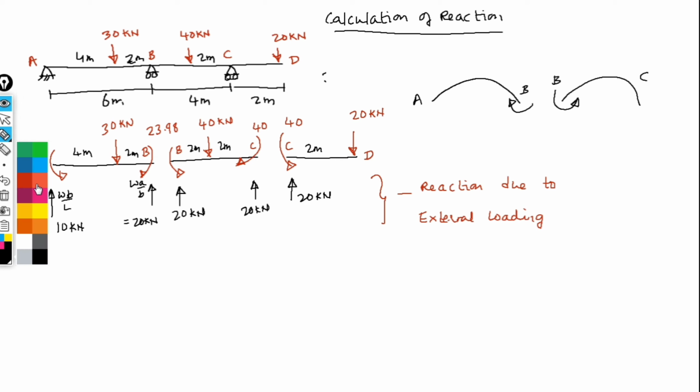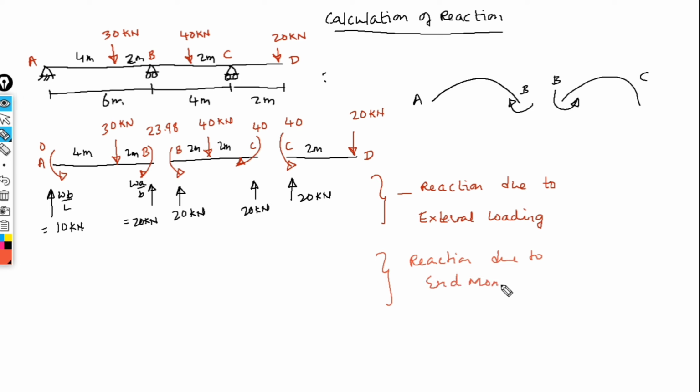Now we need to see the reaction due to end moments. First we will define the sign of the reaction of the end moment. That depends on the sign of the maximum end moment.